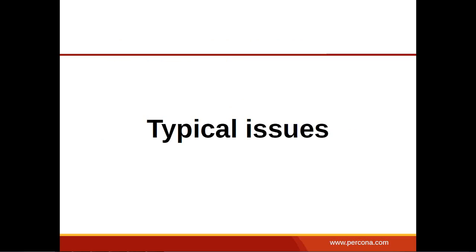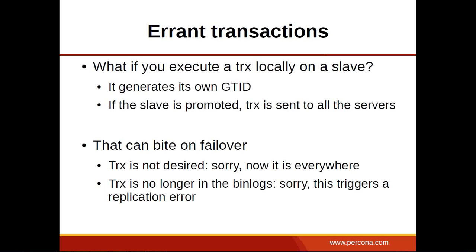Let's say that. Okay, let's now look at the typical issues you may face with GTID-based replication. I think the most significant one is having errant transactions. So let me clarify.